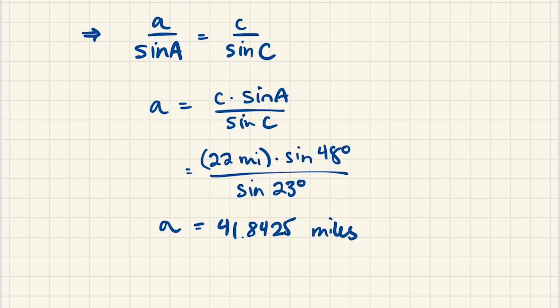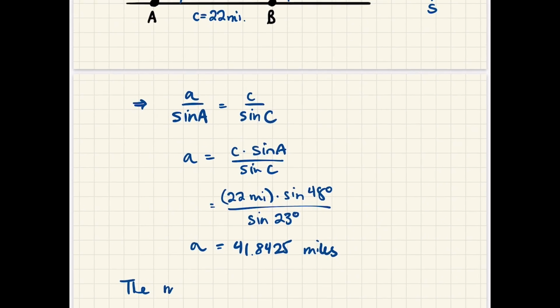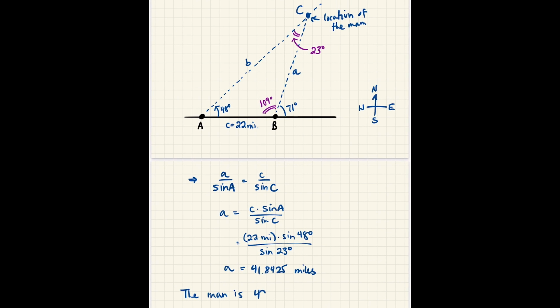So I get a value of 41.8425 miles, which we should round to 42 for the precision in the problem, two significant figures. So the man is 42 miles from tower B. Okay, well that makes sense because that's the answer to everything, isn't it?